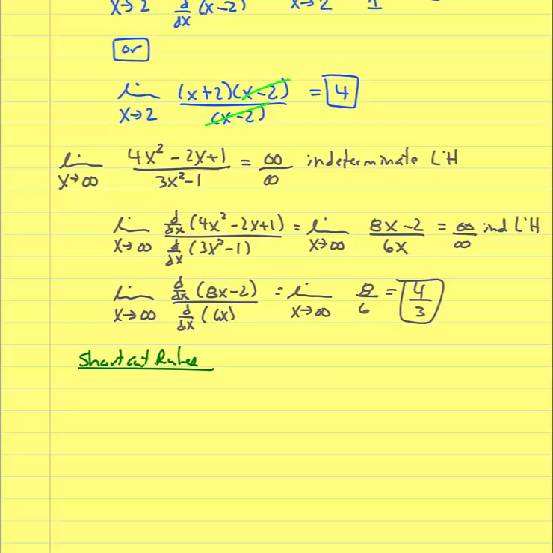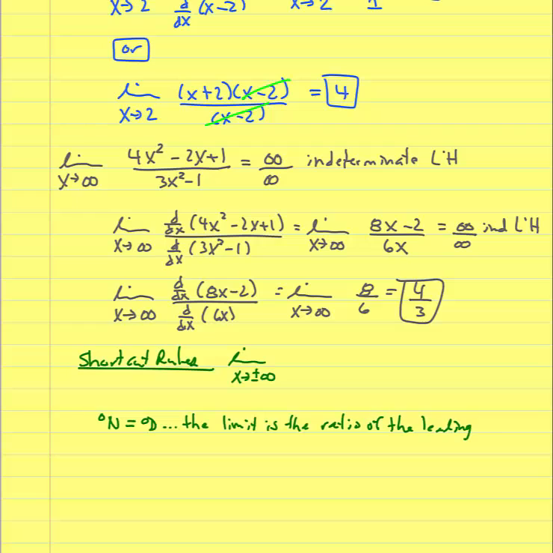Now these shortcut rules apply for limits as x approaches plus or minus infinity. So our first shortcut rule was if the degree in the numerator was equal to the degree in the denominator, then the limit is the ratio of the leading coefficients.